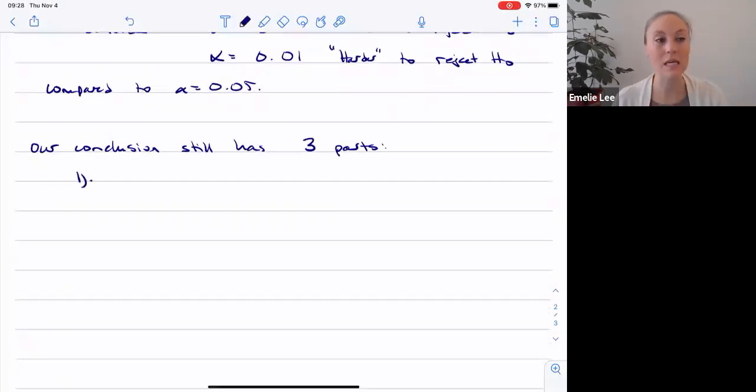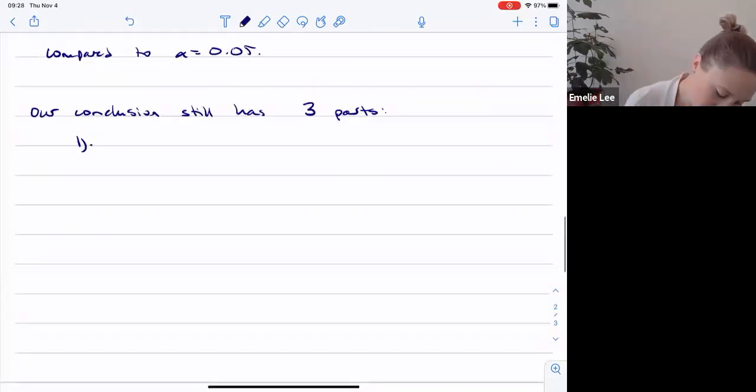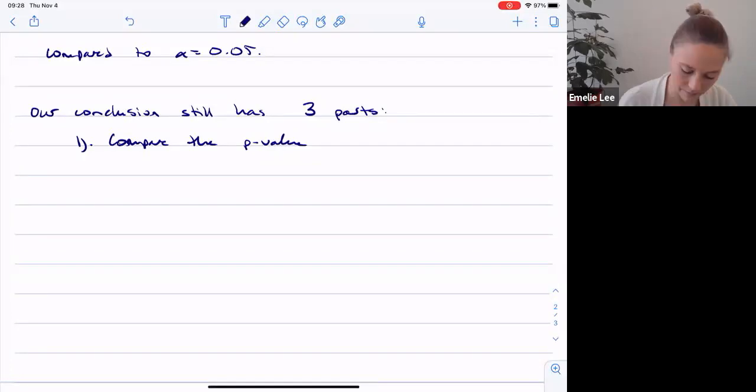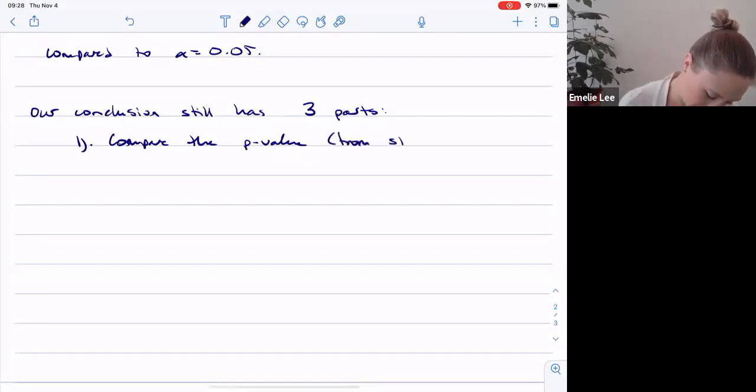First one being, you have to compare your p-value to the alpha level, right? Is it less than or is it greater than? Or usually what I say is, is it less than or not less than the alpha level? So compare the p-value from step 3 to the alpha level.